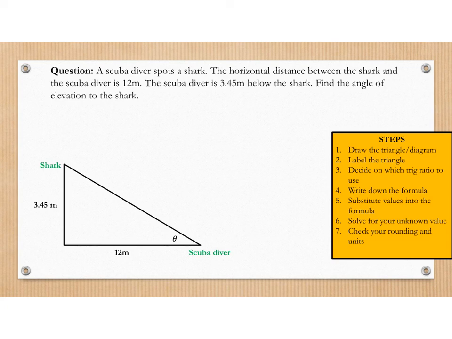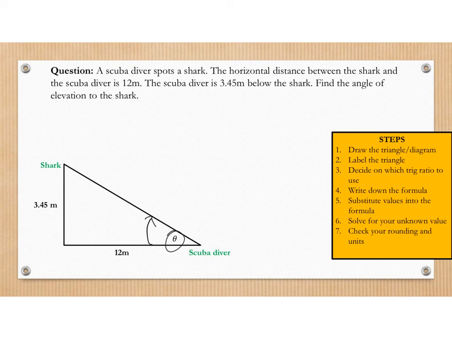So we can see horizontal distance from the scuba diver to the shark, 12 metres, and the scuba diver is 3.45 metres below the shark. So from the scuba diver's line of sight, from their eye level, up to the shark is what we're trying to find, the angle of elevation.